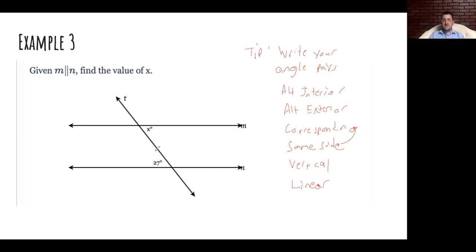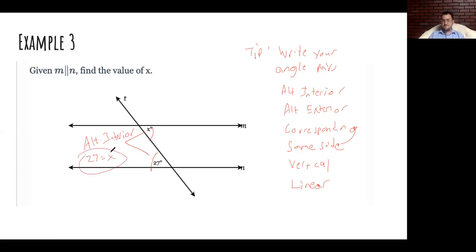So one thing that I notice here is I am inside the parallel lines and I'm on the alternate side of the transversal. So therefore, these are alternate interior. And if you look at that vocab word and what it tells you to do, we have 27 equals X. And that is our answer.